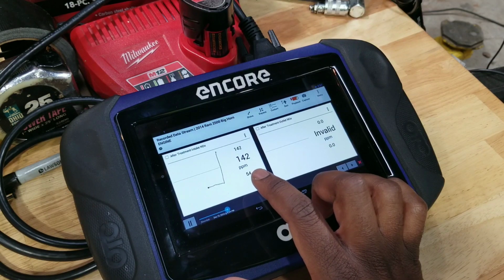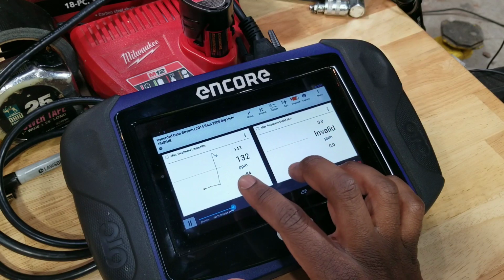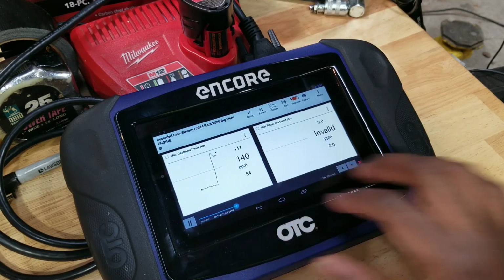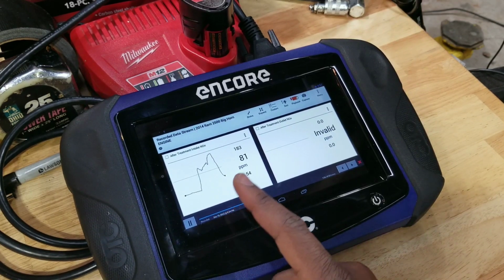It's at 135, and that's just a slight hill. So you can see how much NOx is being produced by the engine. The more heat you have, the more combustion, the more NOx is produced. That's what it looks like as I'm going down the hill.